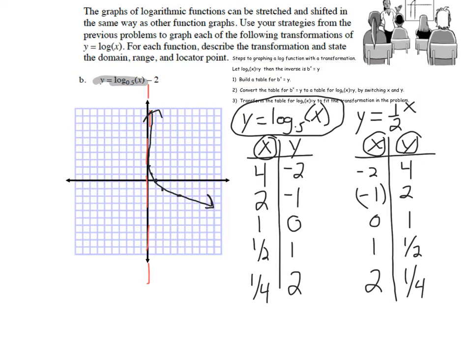Now apply your transformation. Our transformation is a -2, which means we are going to have a vertical shift down 2. So let's build a table for that.